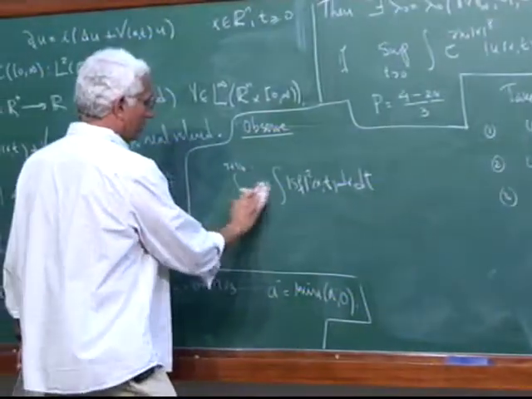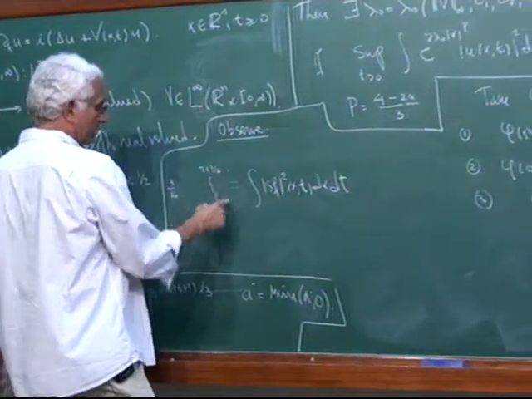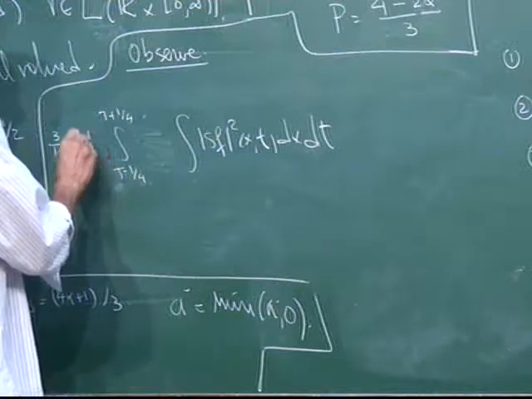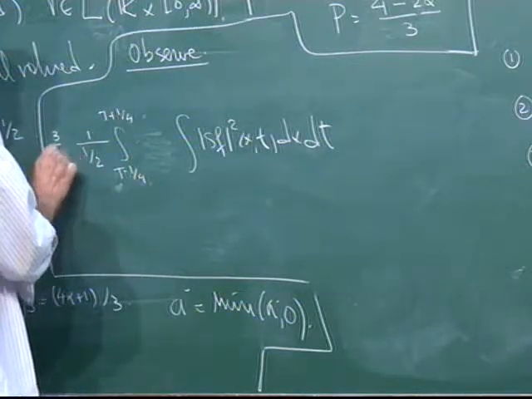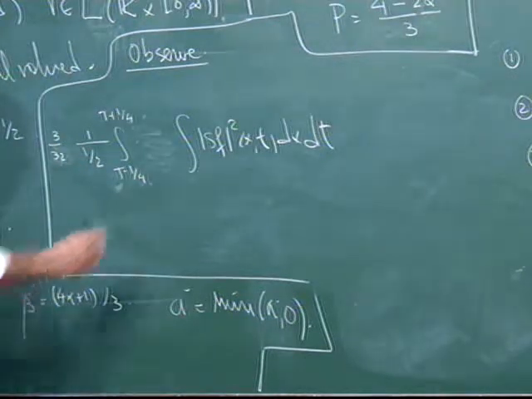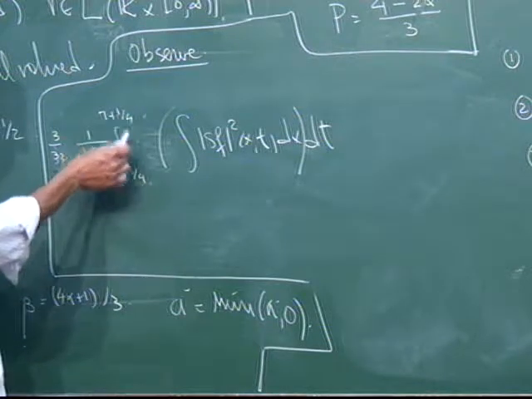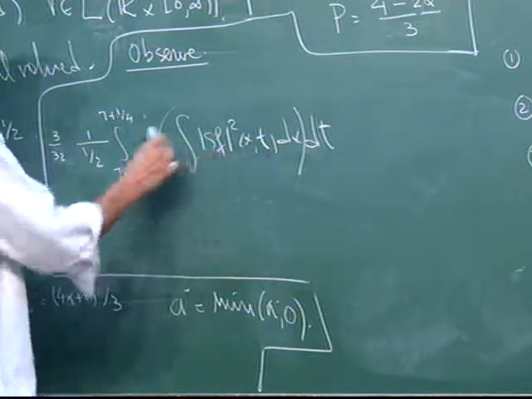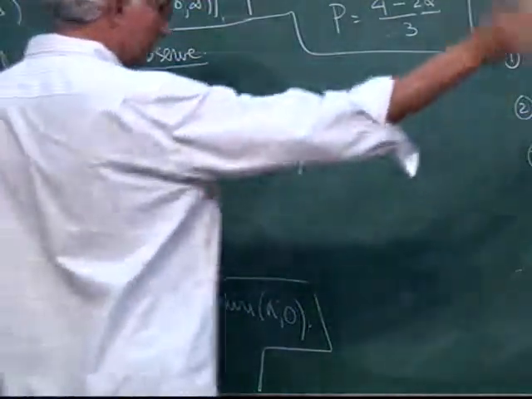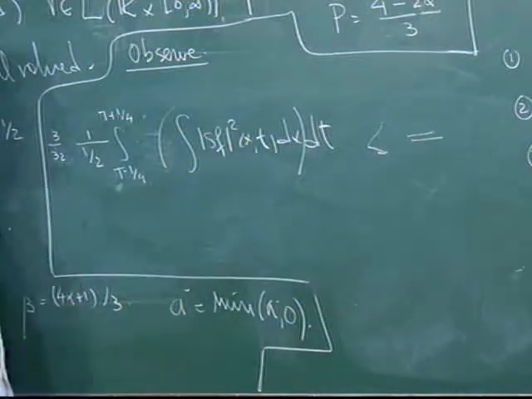Therefore, in this interval, I can put 3/16 here. The length of this interval is 1/2. Then I divide by 1/2. I multiply maybe by 32 here. Then you are saying that this is the average. You are integrating in an interval of length 1/2 and dividing by 1/2. Therefore, if this is bounded by that number, in the average, it has to be bounded somewhere by that number.